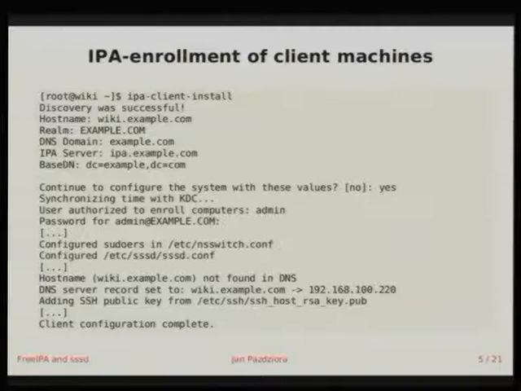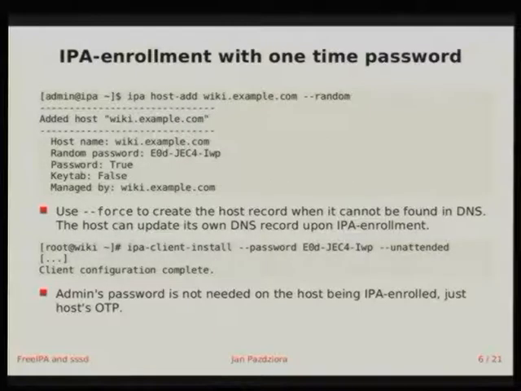But what we can do, and that's also nice, is have the IPA admin pre-create your record in IPA. So it creates the identity, but the identity is not linked to that actual machine. If they use the --random option, it will generate a so-called one-time password. And if you then give that one-time password to the ipa-client-install command, it will authenticate using that one-time password.